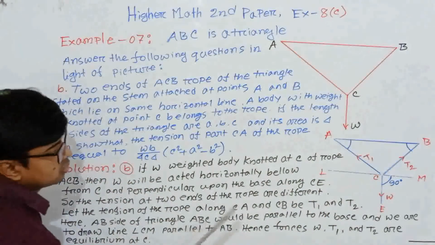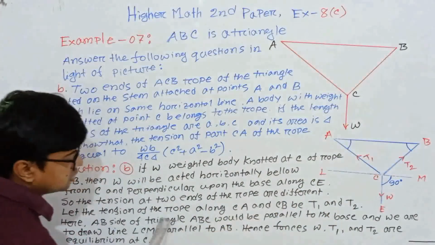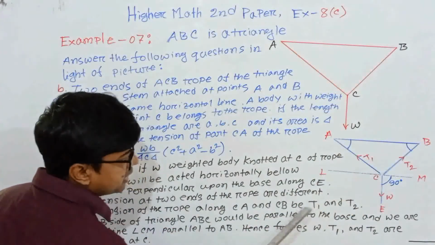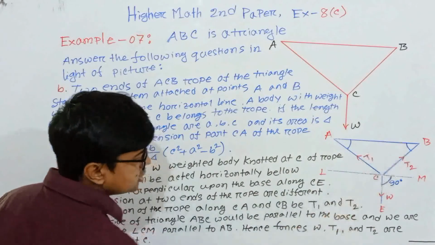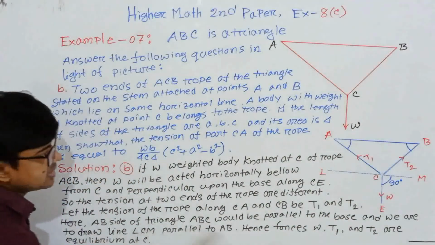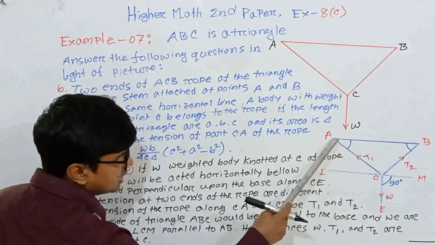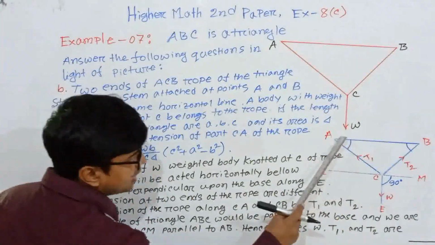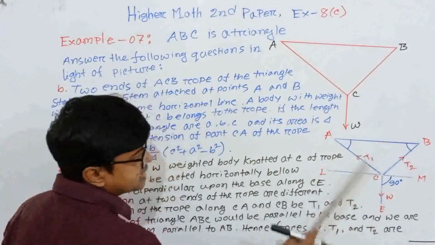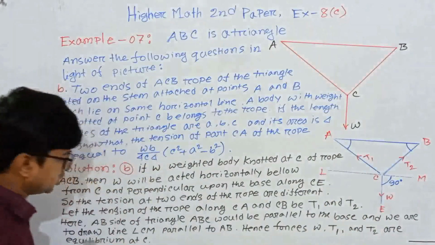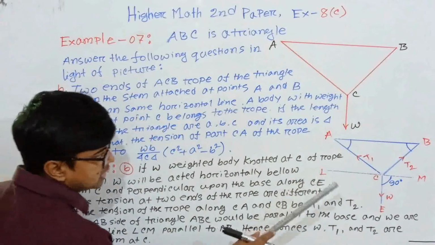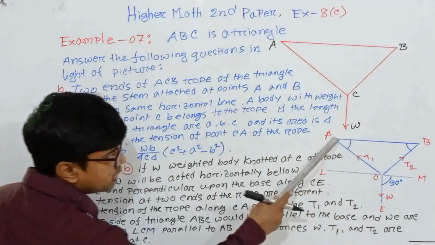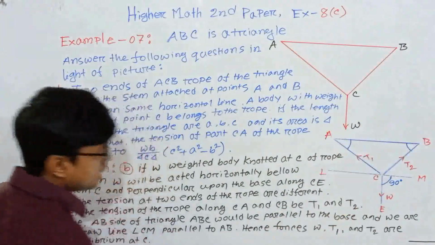Let the tensions of the roof along CA and CB be T1 and T2, and here AB, side of triangle ABC, is parallel to the base, and we draw the line LCM parallel to AB.